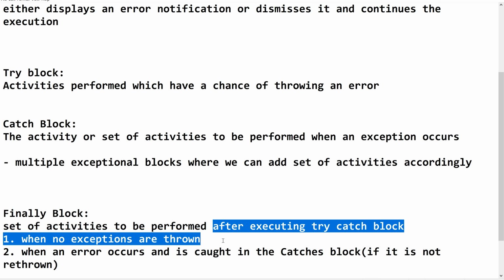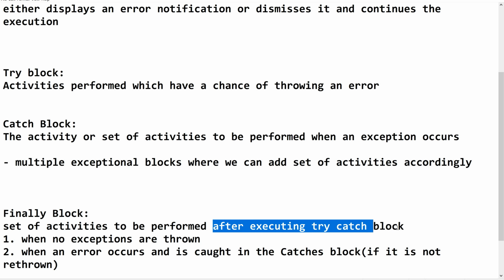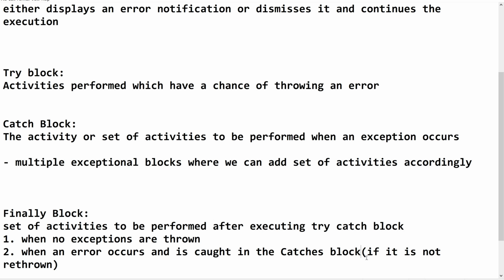You are supposed to tell it this way: it will be executed after executing the try catch block. It will be executed when no exceptions are thrown or when an error occurs and is caught in the catches block, only if it is not rethrown. Okay, keep these two in mind, this one and this one.